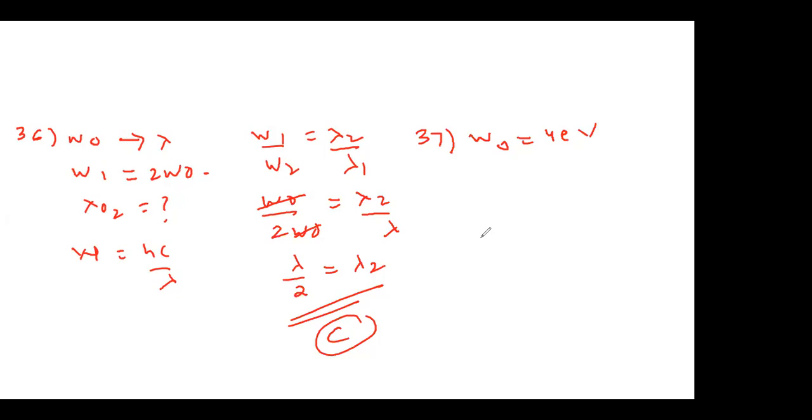Next one. For the emission of electron of zero velocity, the wavelength of incident radiation. Zero velocity means threshold wavelength you want, just emitted.